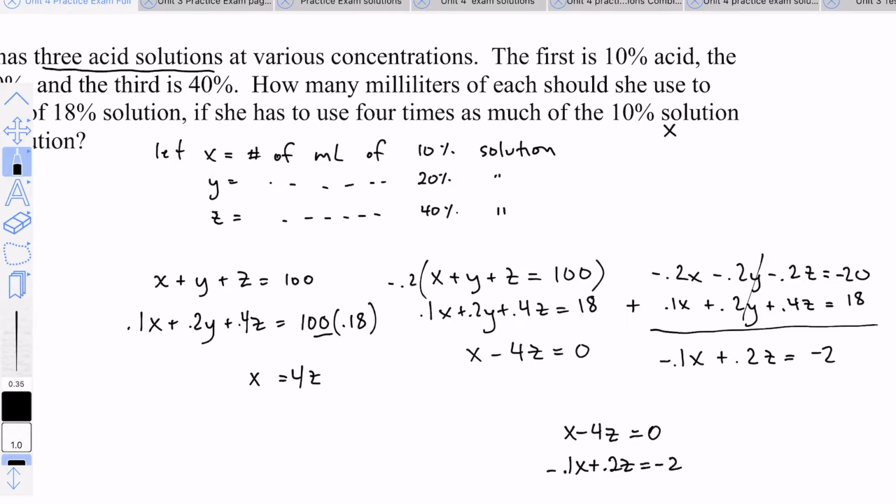And solve for one of the variables. So we need to get opposite coefficients either on x or on z. So what I'm going to do is just multiply this equation by 10, because that's going to move the decimal 1 to the right, and then change that to negative 20.